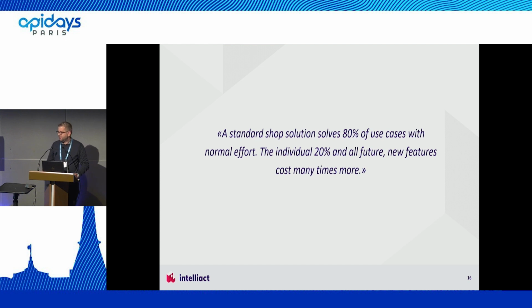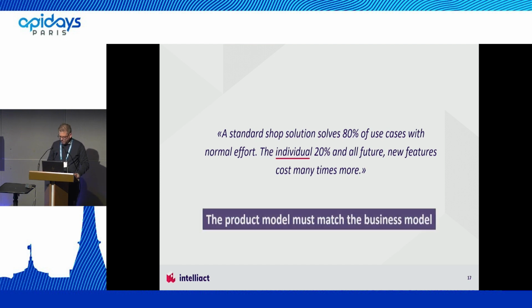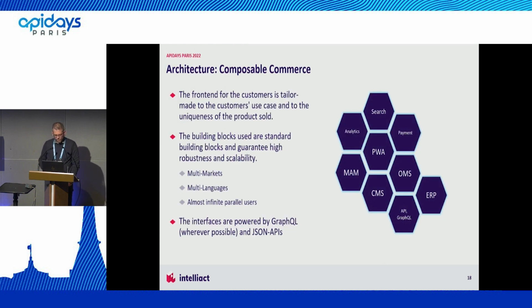It's a bit the same for B2B shop applications. So we decided to build the shop from scratch, at least the front end, and use a composable approach, where the front end is tailor-made to the customer's use case, and the building blocks are standardized and guarantee high robustness and scalability.